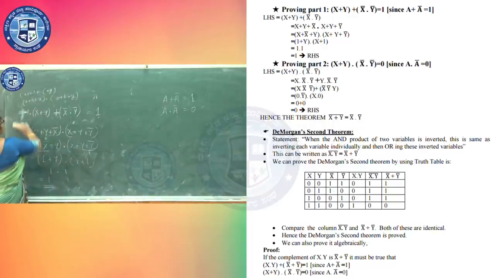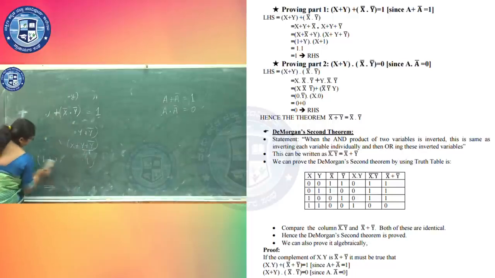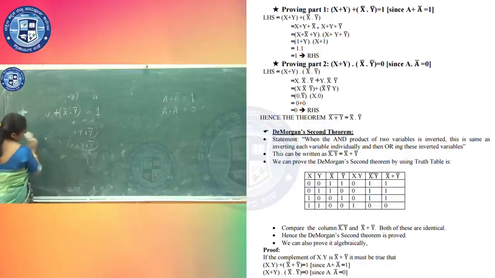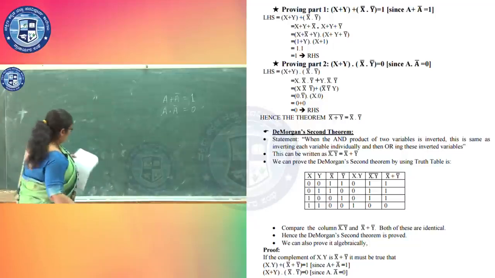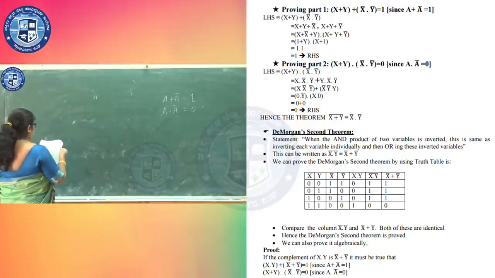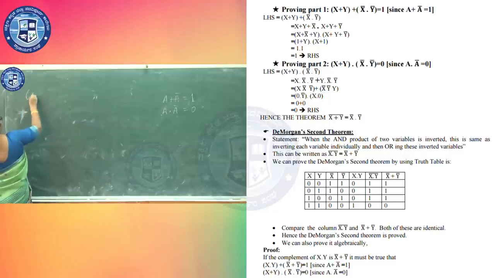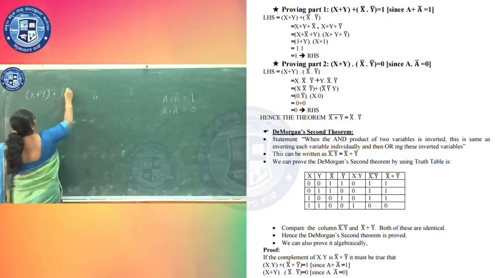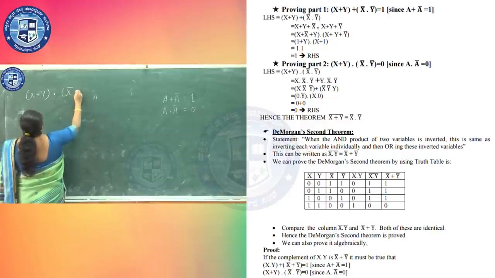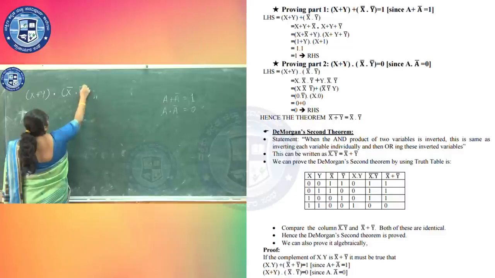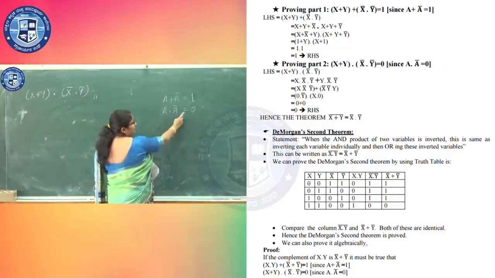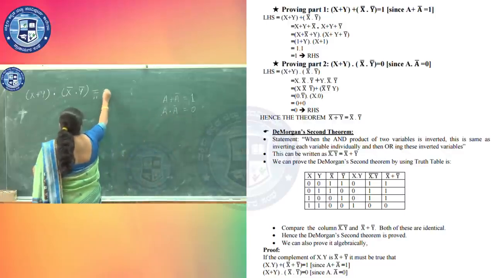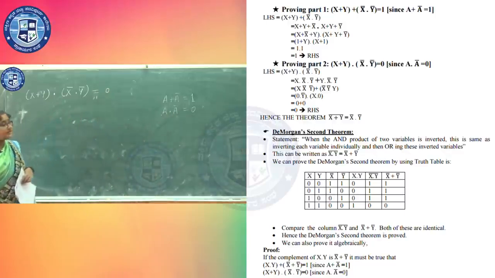Next we shall prove the second part. The second part says that x plus y into x dash and y dash, when you multiply, see a and a dash must give you the answer 0.